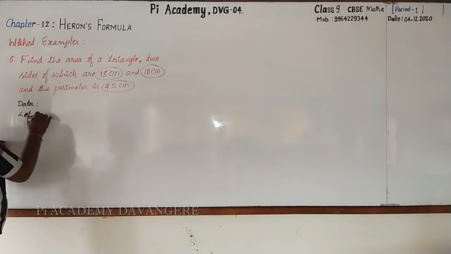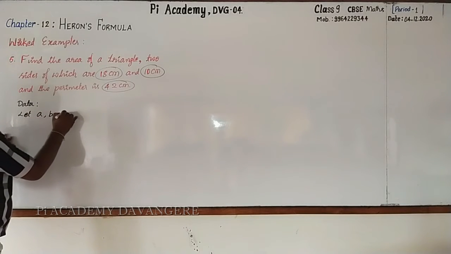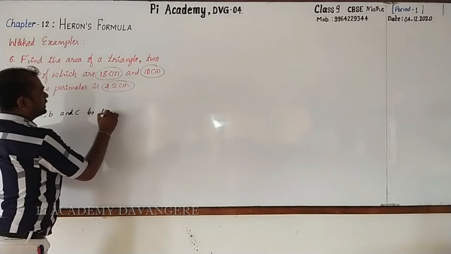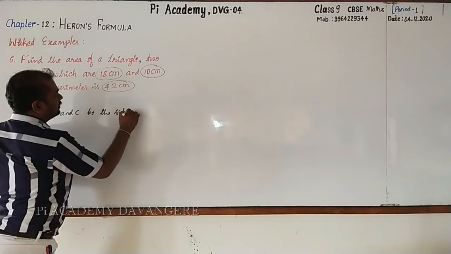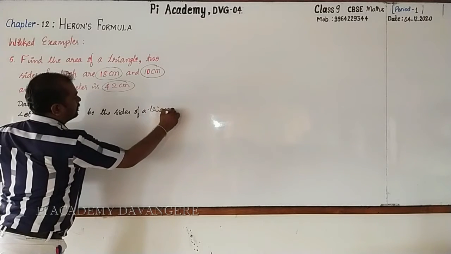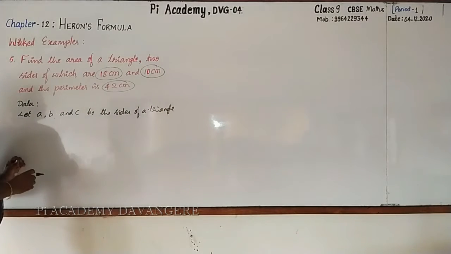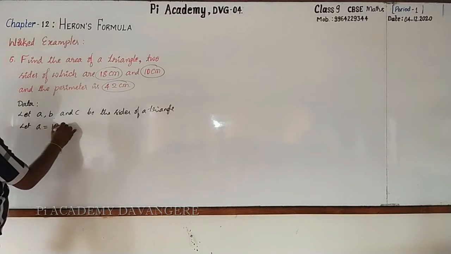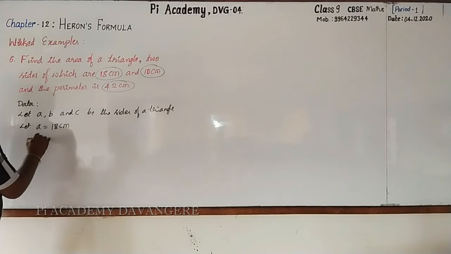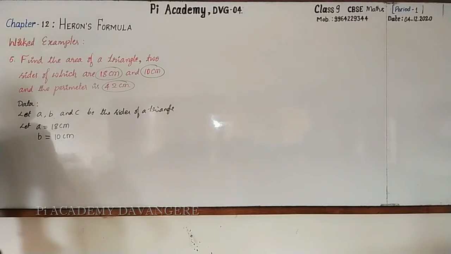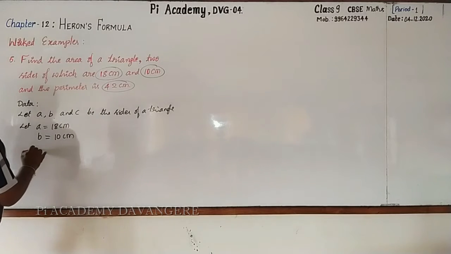Let A, B and C be the sides of a triangle. Then they have given two sides. Let us take A is 18 centimeter, then B is 10 centimeter, C is unknown, whereas perimeter is given.